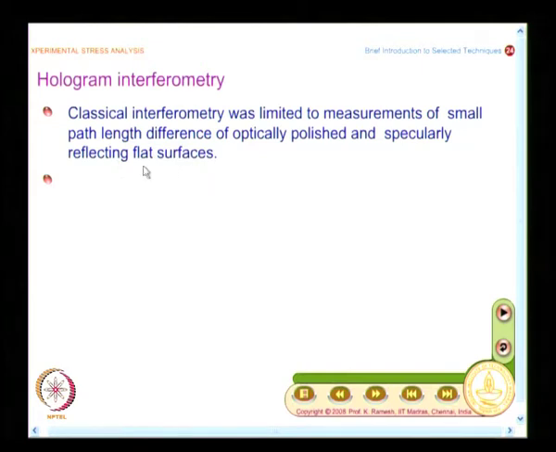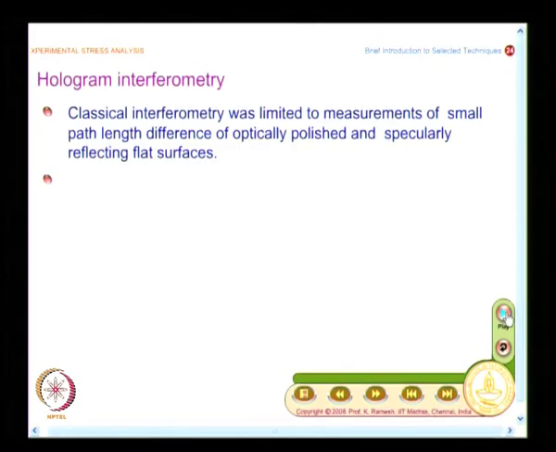The key point here is you are looking at flat surfaces, they were polished, and you are also confining your attention to small path difference. So, even a mercury arc lamp is sufficient to reveal that kind of information.